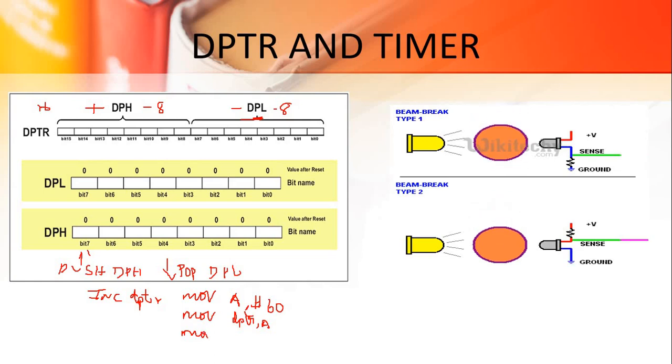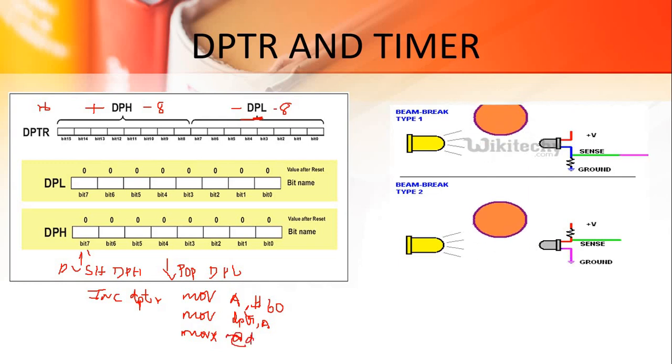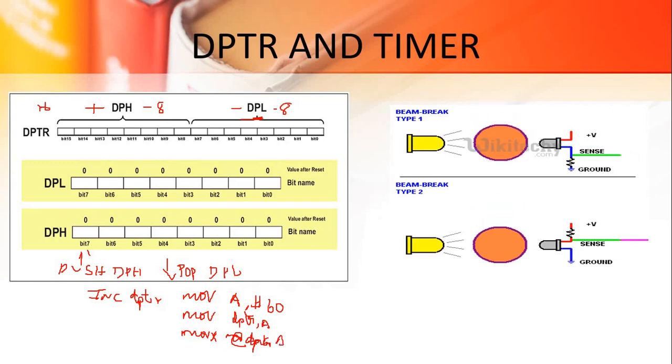After that, finally I am moving from the data pointer to the accumulator. MOVX A, @DPTR. MOV DPTR, A moves from the accumulator to the data pointer, and again from the data pointer, MOVX A, @DPTR.